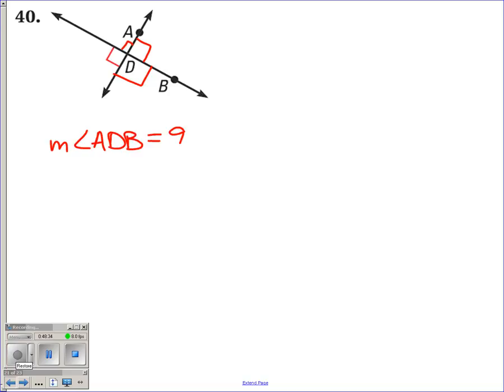And this is something that we know from our definition of perpendicular lines. If you have one right angle, you've got 4 right angles. All right, let's go on to one last problem.